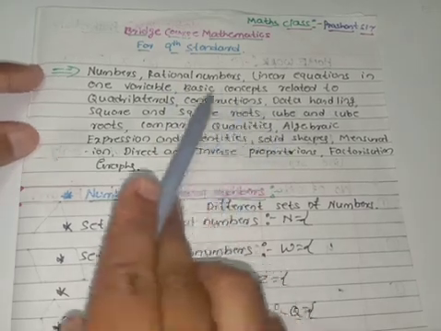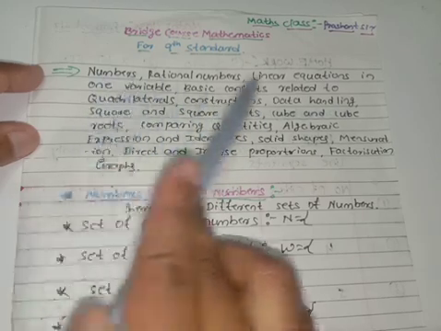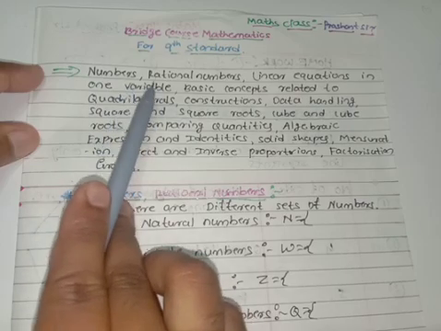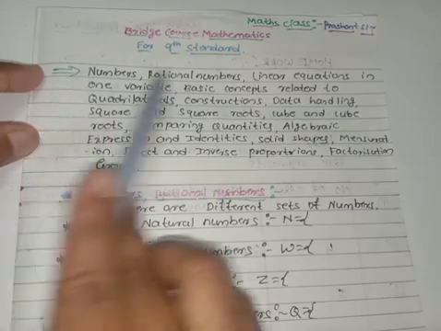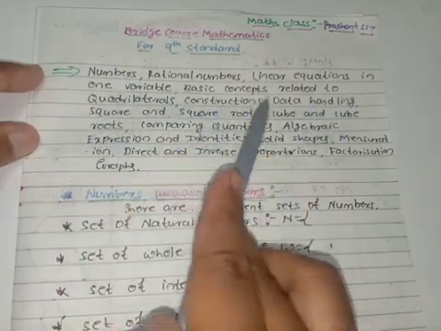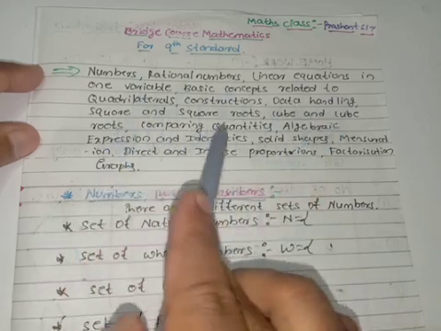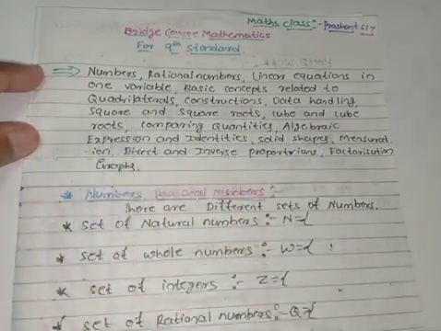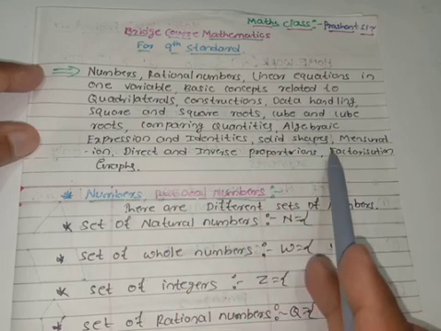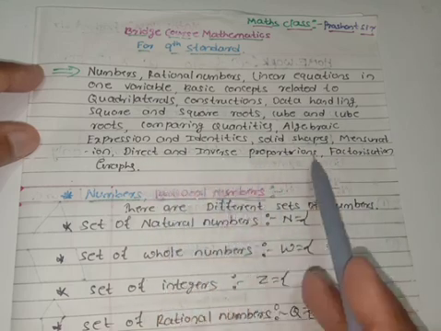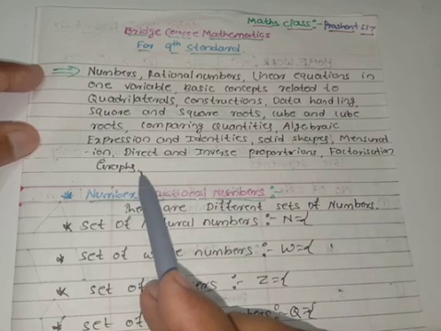So the first chapter, in part 1 or semester 1, is numbers, rational numbers, linear equations in one variable, basic concepts related to quadrilaterals, constructions, data handling, square and square roots, cube and cube roots, comparing quantities, algebraic expressions and identities, solid shapes, mensuration, direct and inverse proportions, factorization, and lastly the graphs.